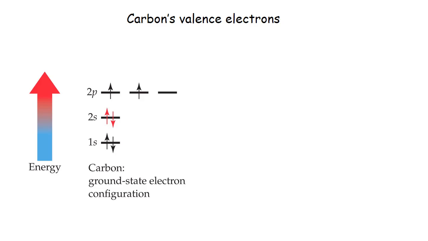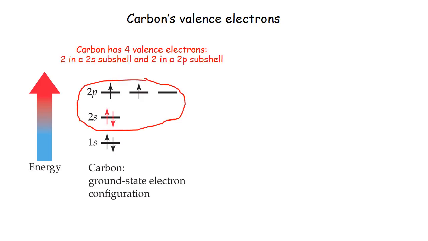We have the 1s electrons, which are inner core electrons, and then we have 4 valence electrons. So you notice here that carbon's 4 valence electrons, 2 of them right now that you see in this orbital diagram are in a 2s subshell, and the other 2 are left unpaired in separate 2p orbitals.